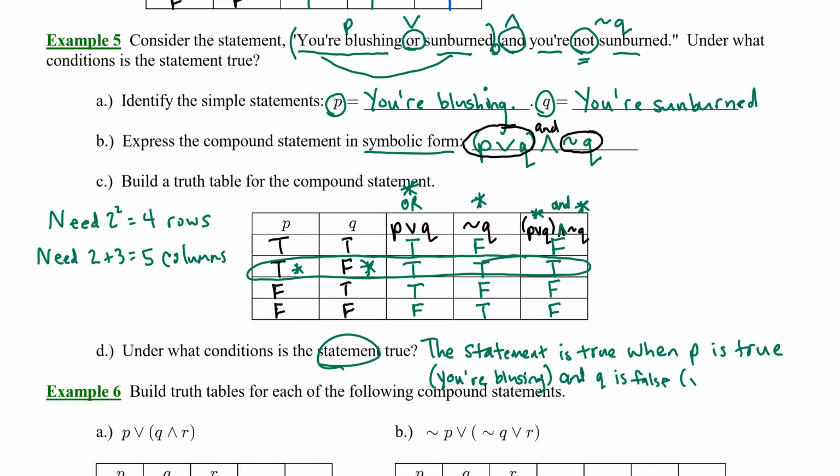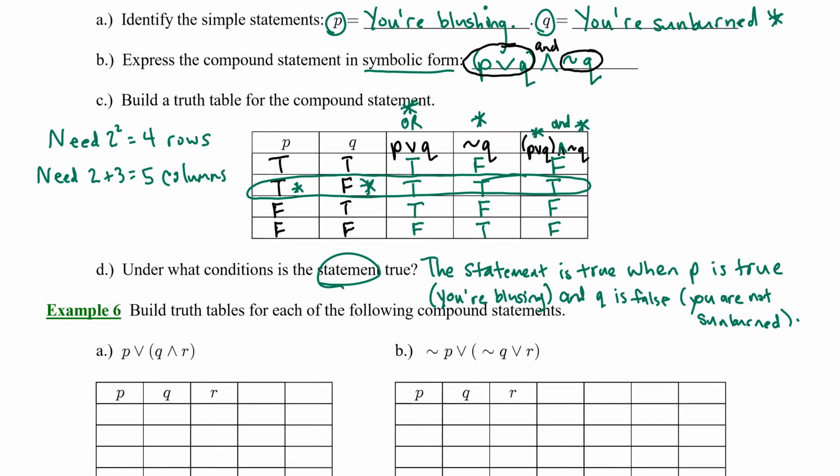That is, you are not sunburned. So if Q is true, then you really are sunburned. If Q is false, then you're not sunburned. So it means you are blushing for none other reason than you are blushing.